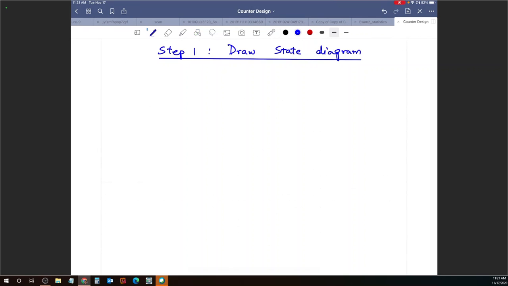Essentially, it's a picture showing me what the states are and how I transition between the states. That is it. So I have 7 states here, clearly. That implies that I'm going to need 7 circles in my state diagram, and I'm going to draw arrows between them to indicate state transitions.